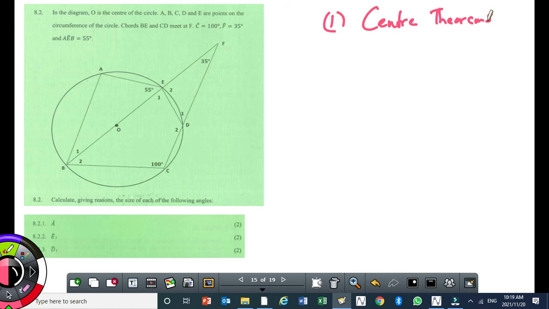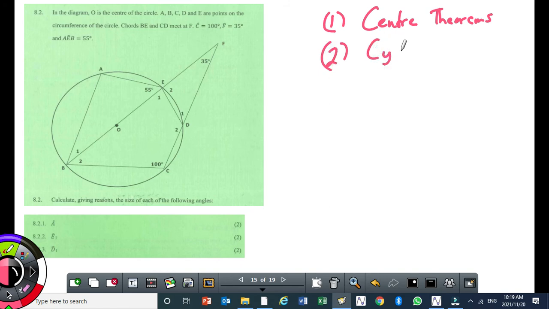Then theorem 2, generally, depending on how you were taught, angle at the center is 2 times angle at the circumference. Also, angles in the same segment, that's also a center theorem. So you have your center theorems.